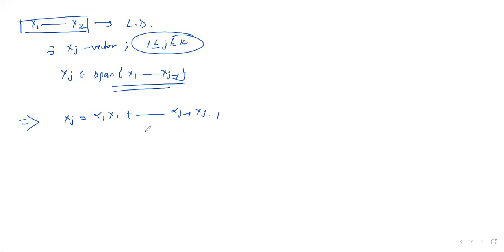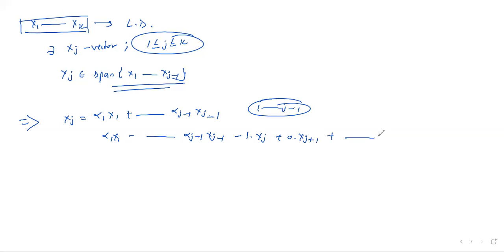I can extend this from 1 to k: alpha 1 x1 plus ... plus alpha j minus 1 xj minus 1, and subtracting xj, I get minus 1 dot xj plus 0 dot xj plus 1 up to 0 dot xk, which equals 0.